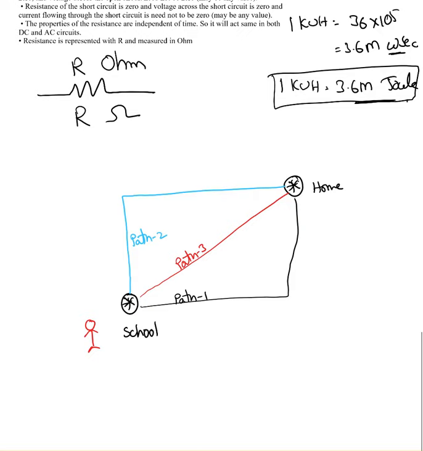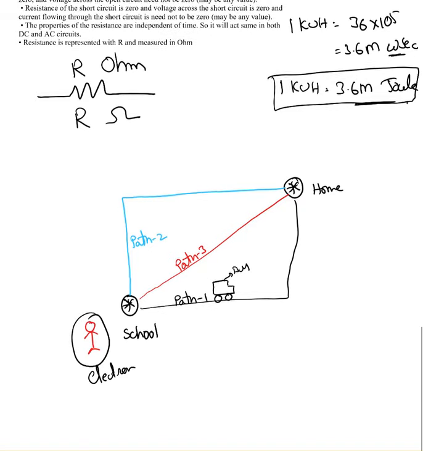You are at school, and you want to go home. There are 3 different paths: path 1, path 2, and path 3. What do you need? You need a vehicle, right? That vehicle could be your parents' car or a school bus. When you are waiting here, it's just like an electron.